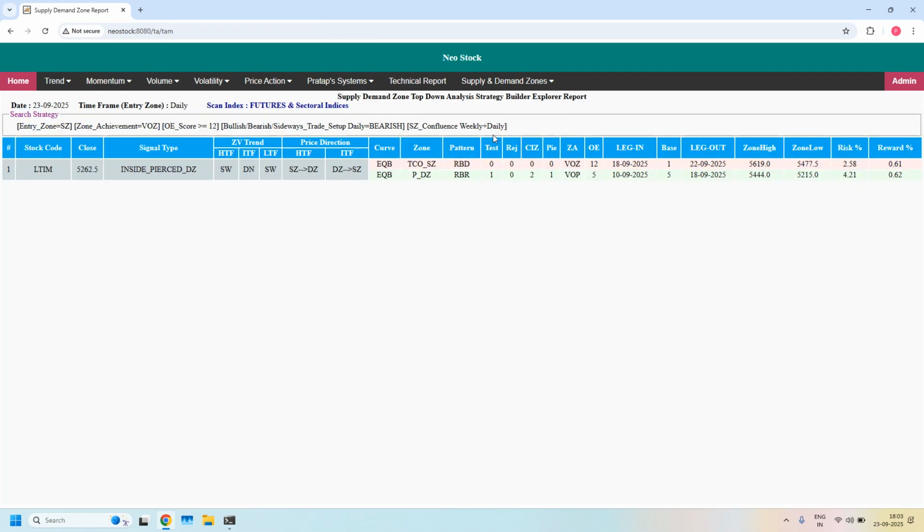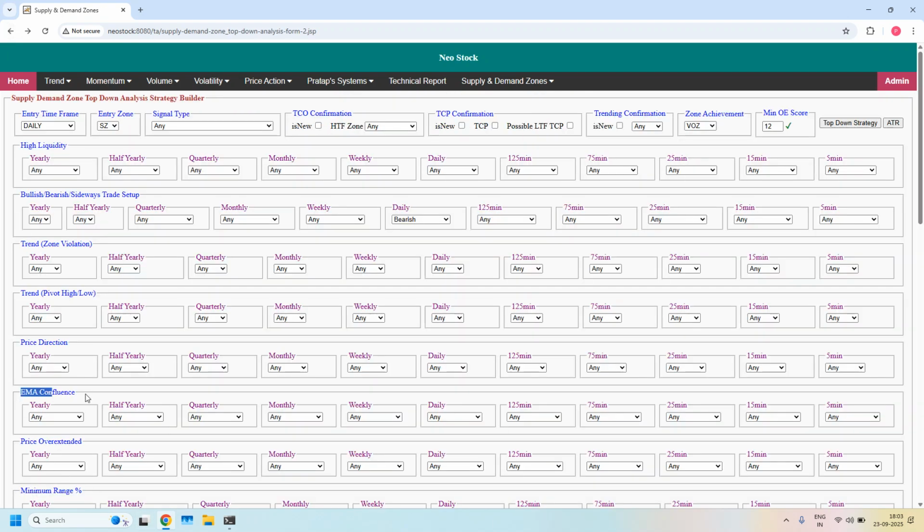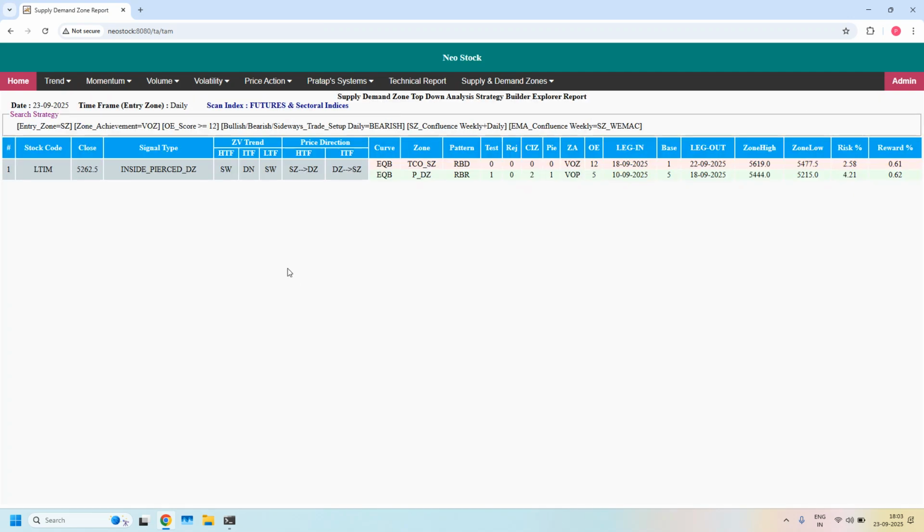That means this daily supply zone is overlapped with a weekly supply zone, and the weekly trend is a downtrend. So let's verify whether this weekly supply zone has weekly EMA or not, because the weekly trend is a downtrend. So it is filtered.